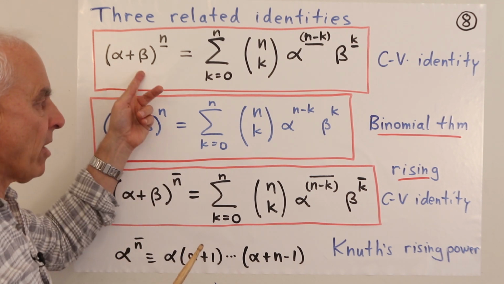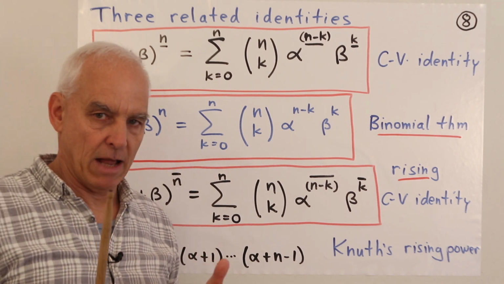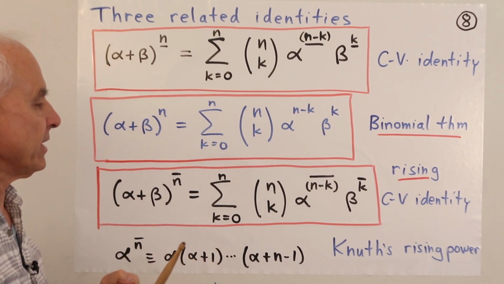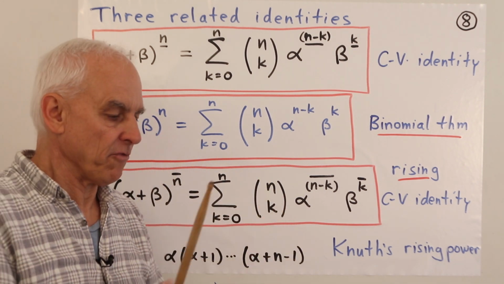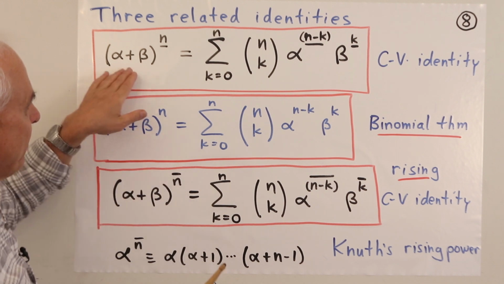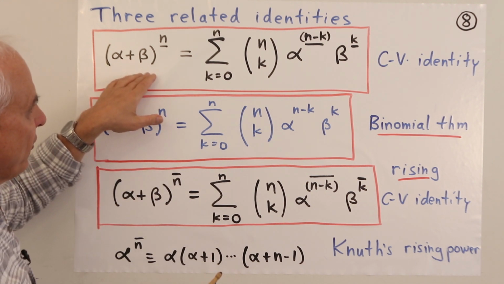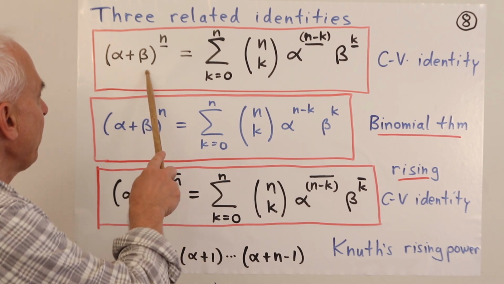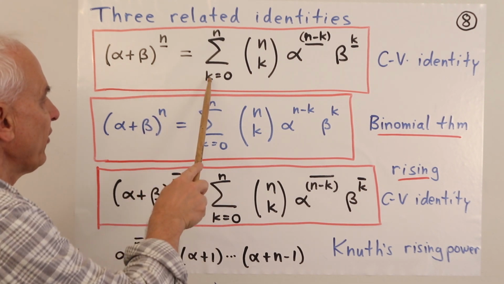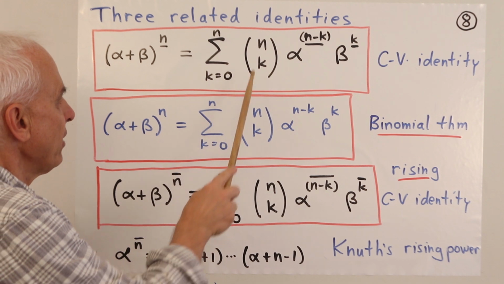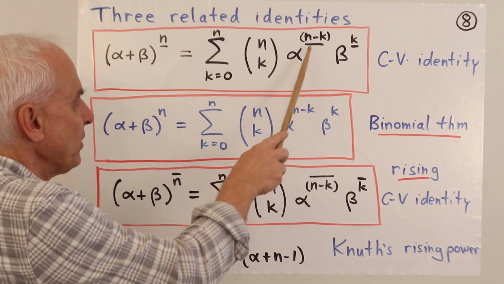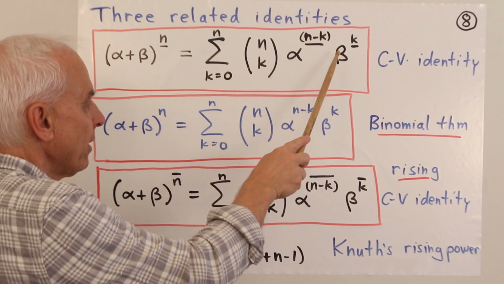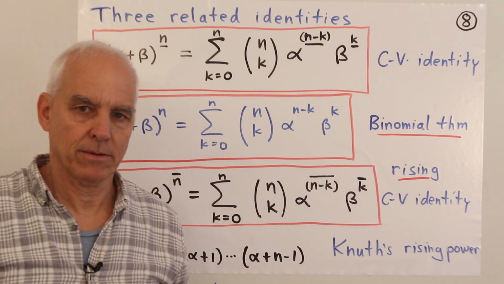Now, our Chu Vandermonde identity, which we've just established, okay, or at least I've given you the outline of an inductive proof for it, can be written this way. This is just a rewrite of what I wrote out more longhand. This is alpha plus beta to the n falling equals summation k equals 0 to n choose k, alpha to the n minus k falling times beta to the k falling.